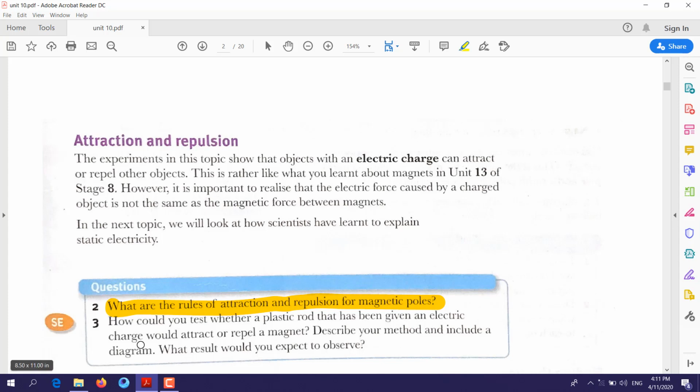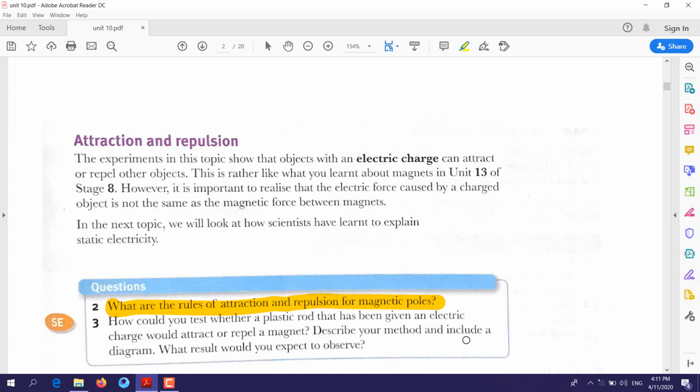Question number 3. How could you test whether a plastic rod that has been given an electric charge will attract or repel a magnet? Here, you just need to put it next to the magnet, and then you will see if it attracts or repels it.